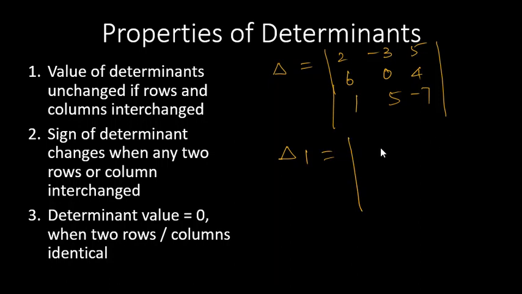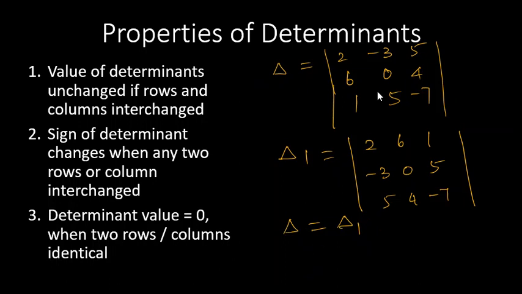Here the first column becomes the first row, so 2, 6, 1, and the second column becomes the second row, that is minus 3, 0, 5, and the third column becomes the third row, that is 5, 4, minus 7. Are you able to follow? As far as this kind of interchange of rows and columns is concerned, it doesn't change the value of the determinant. It means this determinant value is equal to this one.